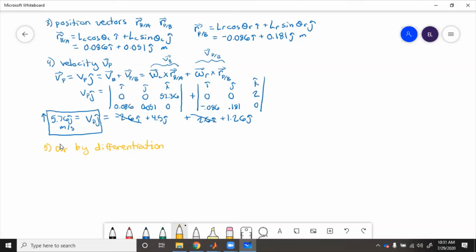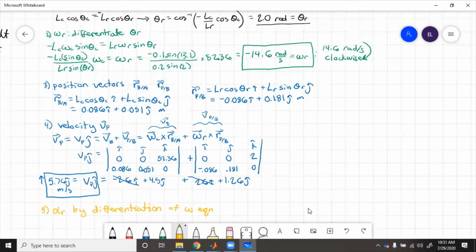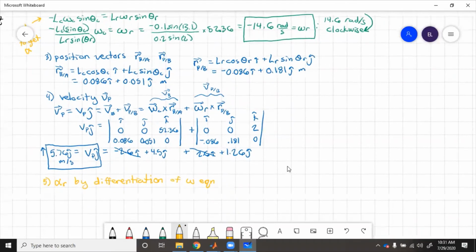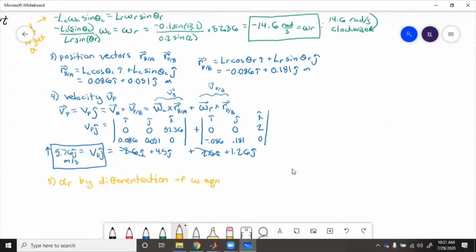So we take that original omega equation, we take this omega equation, we'll take the derivative to get alpha. So the derivative of that, and we differentiate both sides.